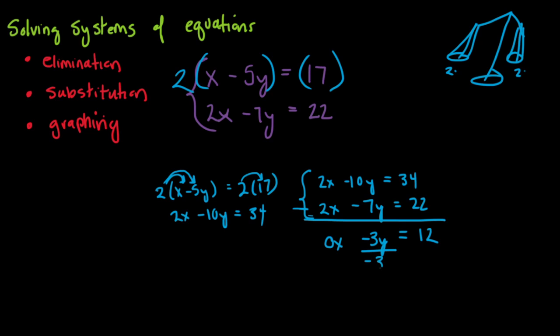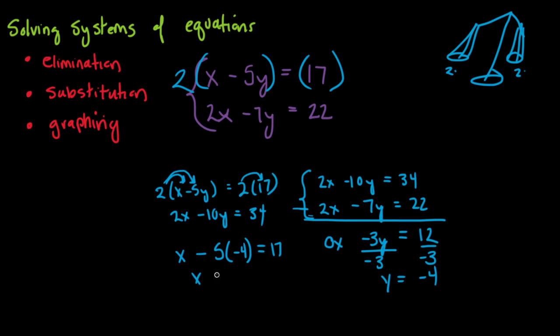So let's divide both sides by negative 3, and y equals negative 4. So now we have to go back into the original equation and say, well, if y equals negative 4, what does x equal? And we only need one of the equations to do this. So let's use the first one. So I'm going to say x minus 5 times negative 4 equals 17.